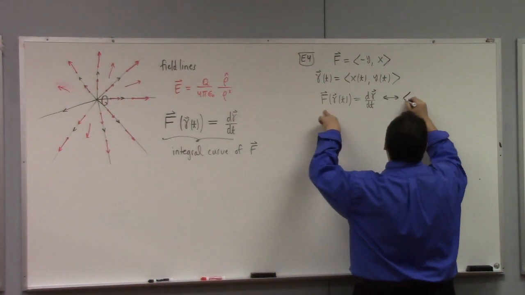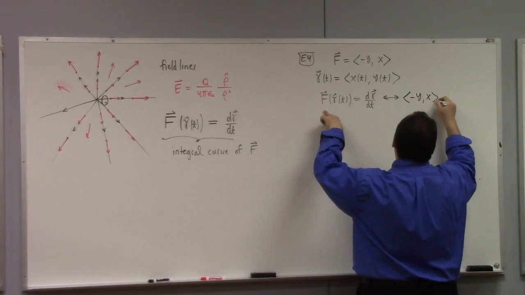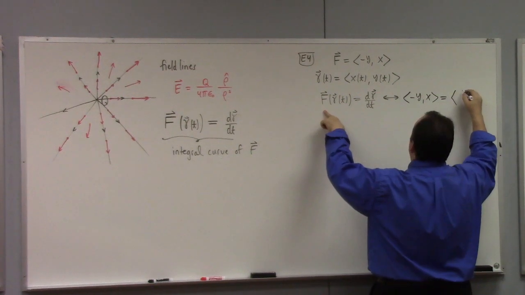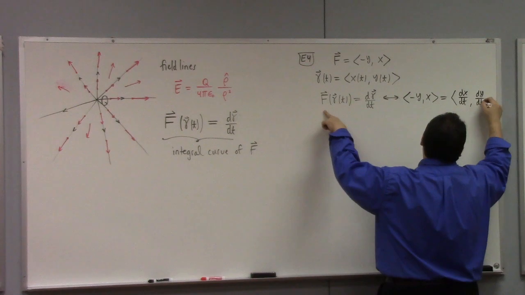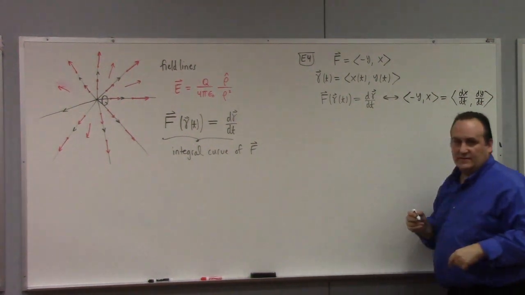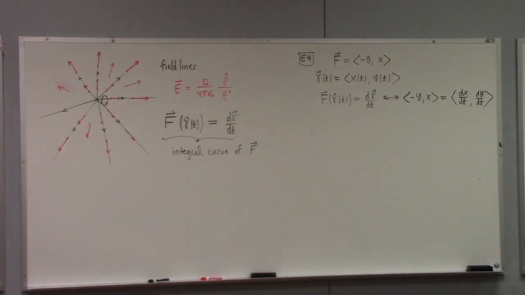So what we got here is minus y, x equal to dx dt, dy dt. And in this context, x and y are functions that we want to find. All right? So what do you have to do to find the x and the y here? What do you have to solve?